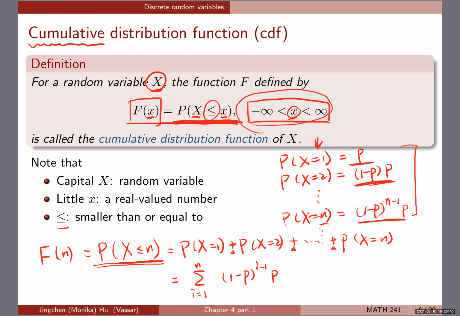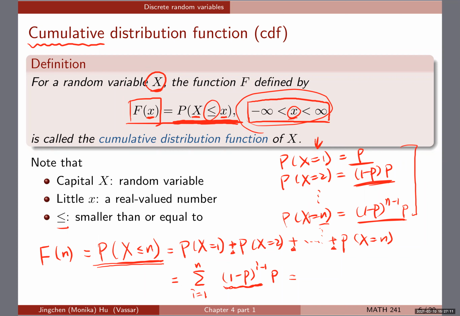So for now, I'll be happy if you stop here, but you can also notice, from the knowledge and experience from Calc 2, which is 127, series and sequences at Vassar, or if you have taken it in AP Stats or BC, that we're looking at a series here. Because this is the probability, 1 minus p, where p is a probability between 0 and 1, so 1 minus p is also a probability between 0 and 1.